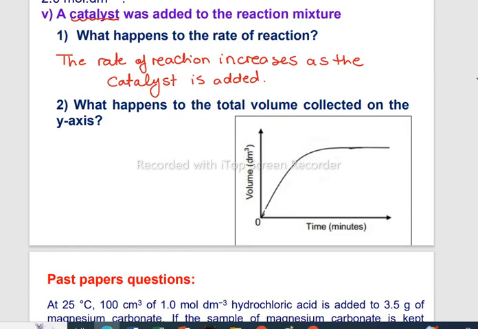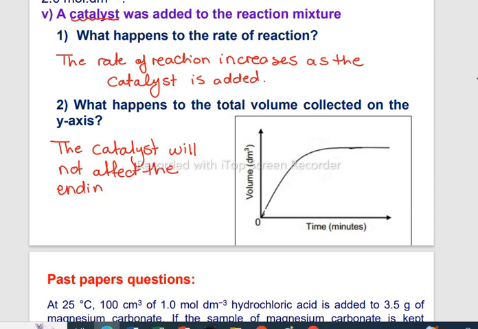It's the same ending. So the catalyst will not affect the ending part of your curve.